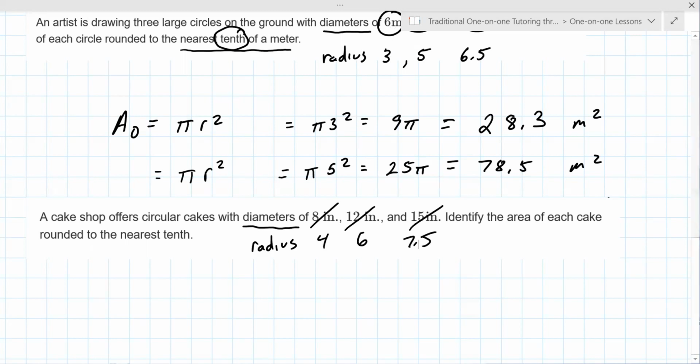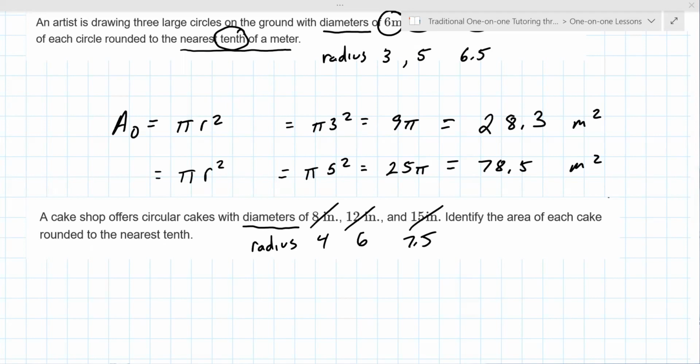Okay, so give me the first. The first one is 50.3. Okay, and what's the next one? The next one is 133.1. I don't think that's correct.